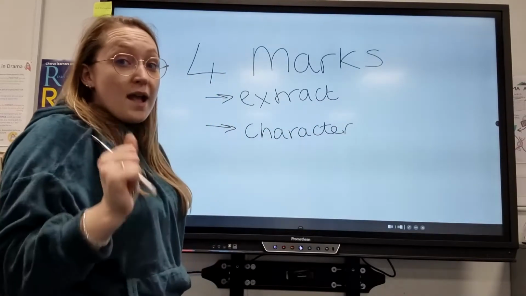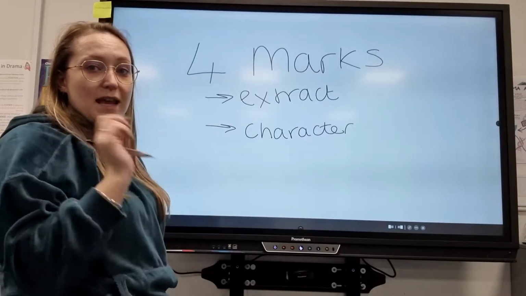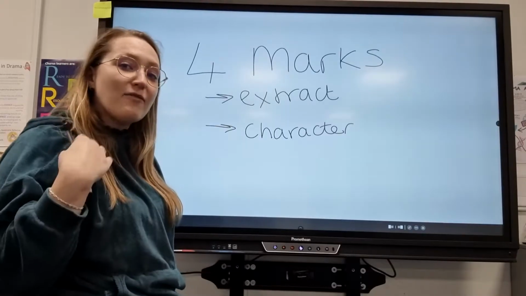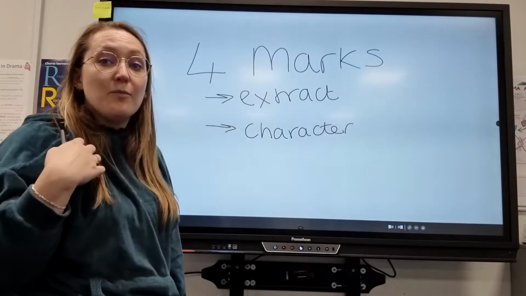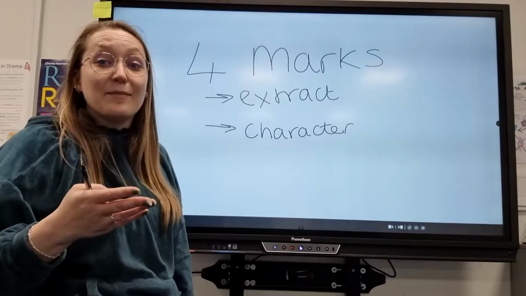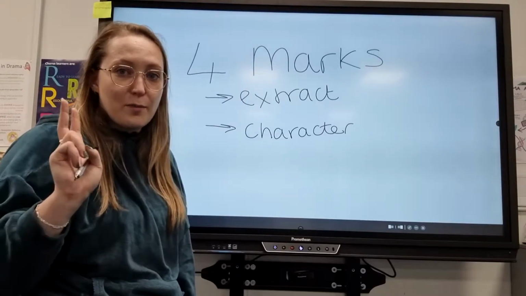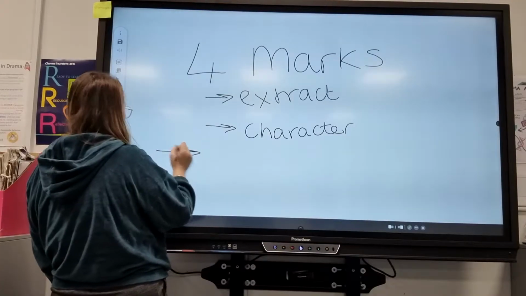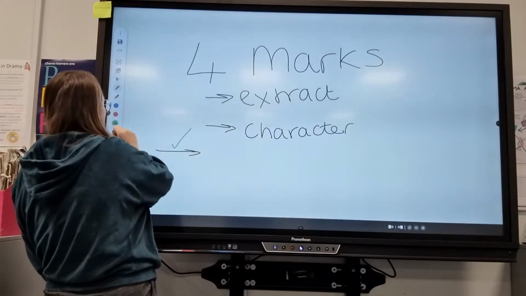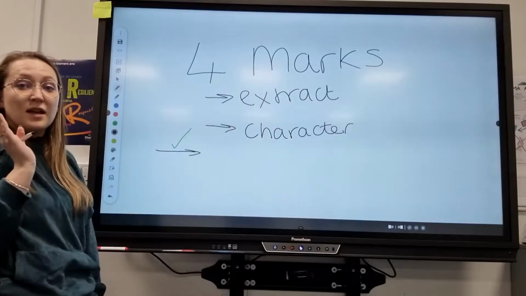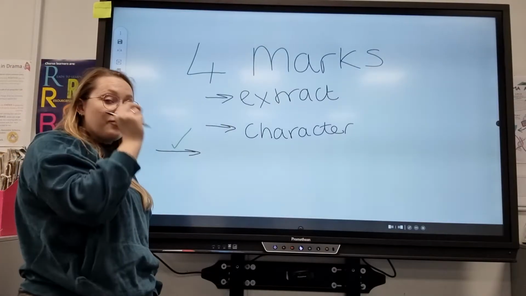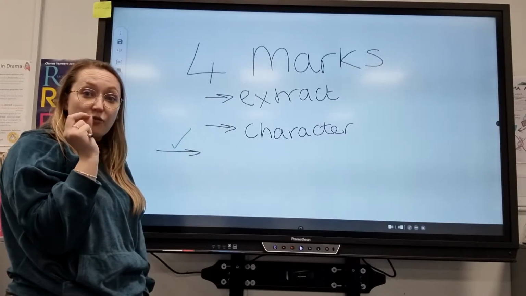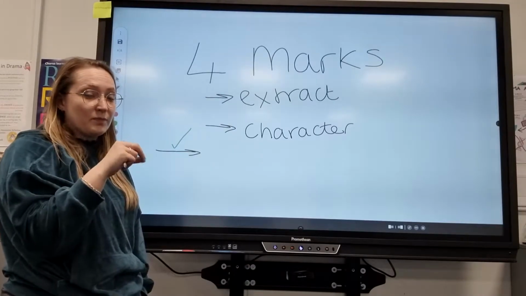So you can answer this question in 2 bullet points if you want. You can write full sentences if you prefer, but if you want to save a bit of time, like I've mentioned, 2 bullet points will be enough. The first thing you've got to do to get your first mark is you have to say a very specific example of what it is that you would do.